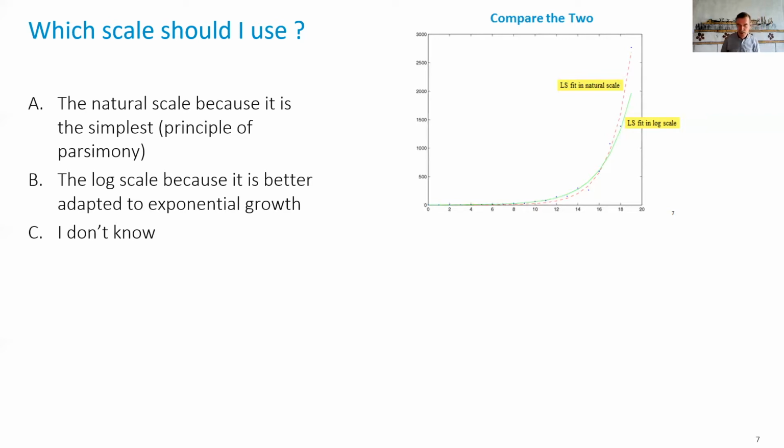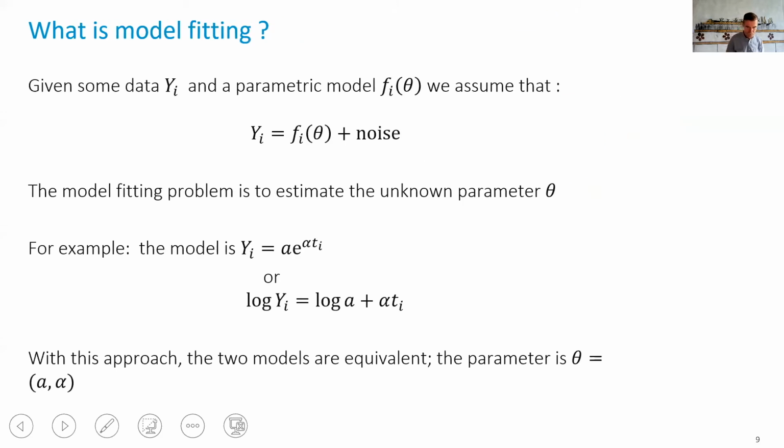So the true reason is that at this stage, none of these two arguments is really helping us to discriminate between the two methods. In order to know what scale we should use, or more generally, is a model fitting exercise correctly posed, is this model good?